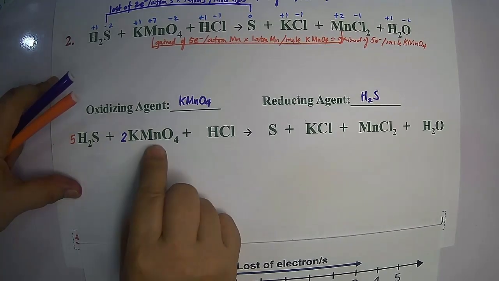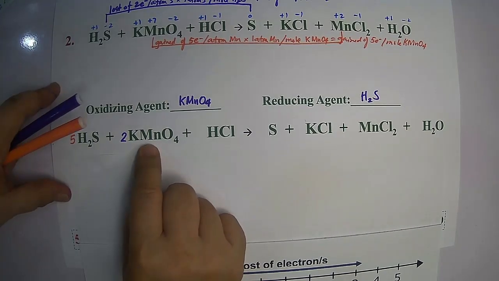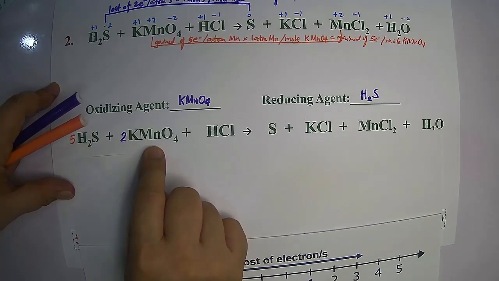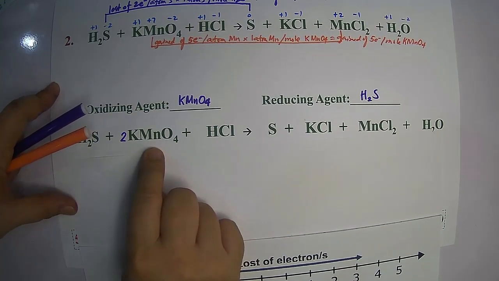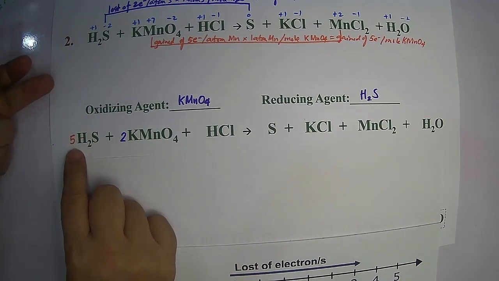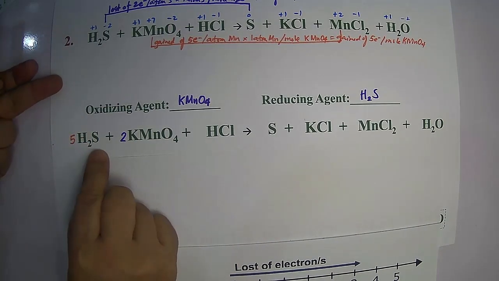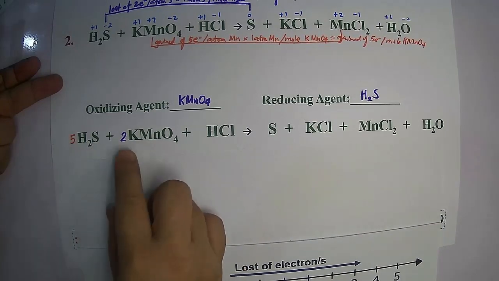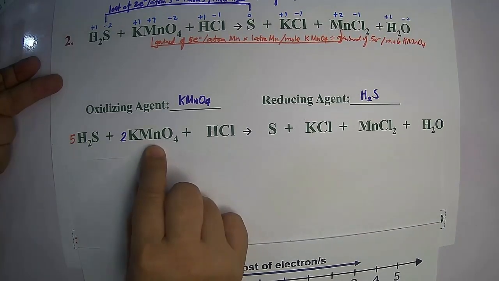In this case, 2 atoms of manganese, each atom will receive 5 electrons, and that is 10. So as the sulfur gives off 10 electrons, the 2 atoms of manganese satisfy those 10 electrons.